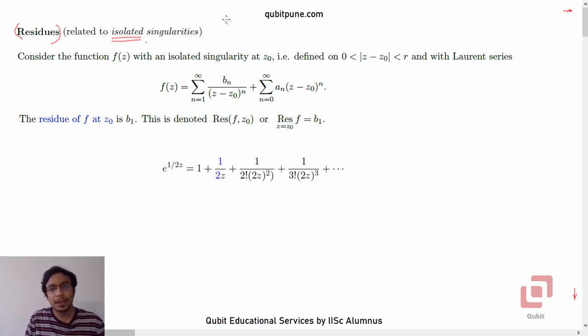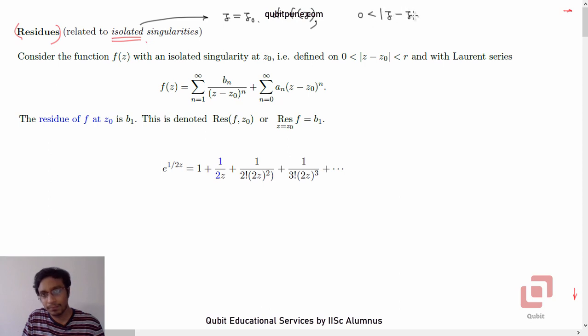We say that z equal to z naught is an isolated singularity of f of z when in some neighborhood of z naught there is no other singularity apart from z naught, hence the word isolated.